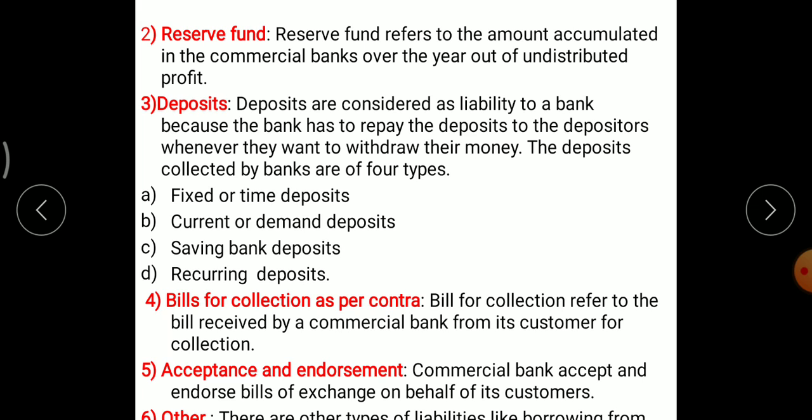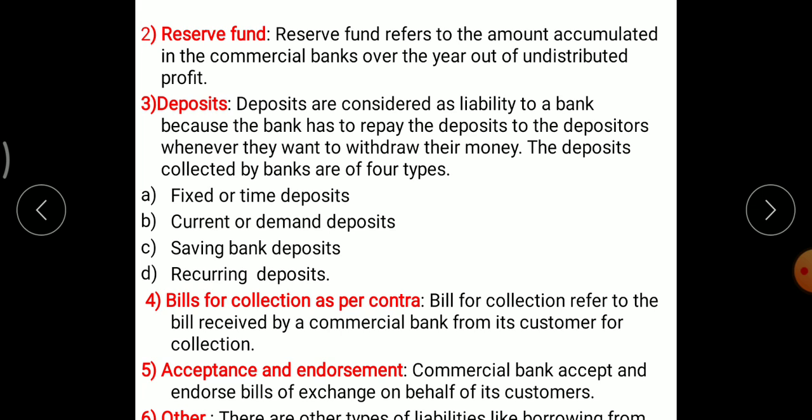Deposits collected from the public constitute the biggest portion of the bank's working fund. The deposits collected by the bank are of four types: fixed or time deposit, current or demand deposit, savings bank deposit, and recurring deposit. These are the four types of collecting deposits by the bank.